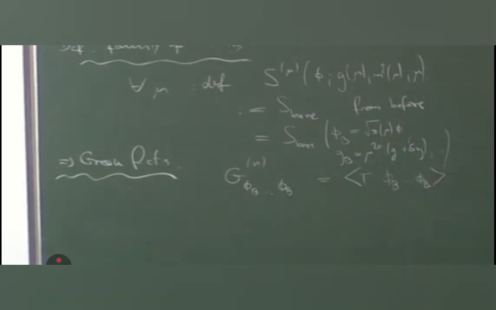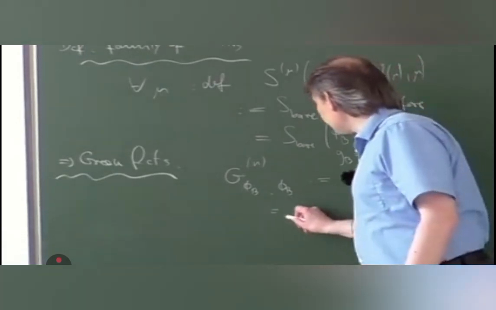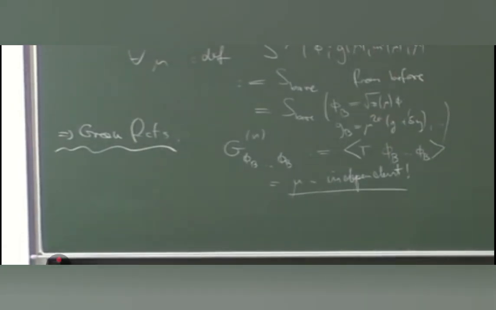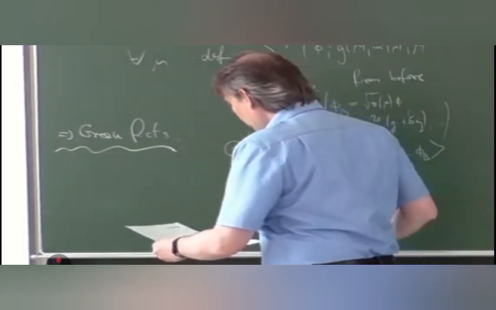These green functions are manifestly independent of mu. That is the outcome of the previous analysis. And as a result, of course, physical quantities, S-matrix elements, mass values, pole masses, and so on, are also mu independent because they follow from the green functions.